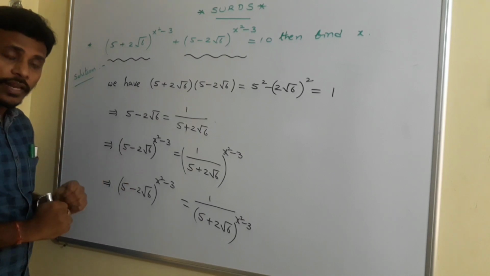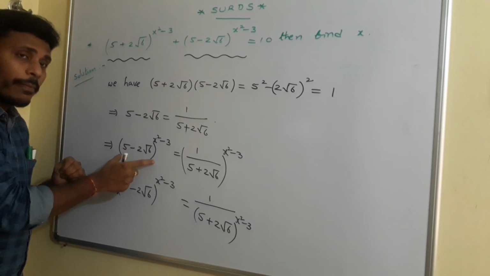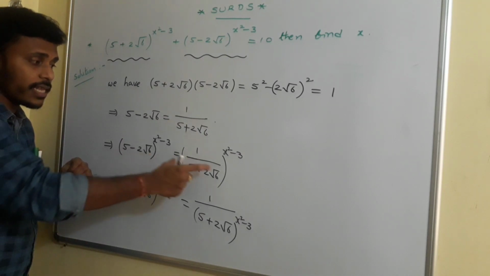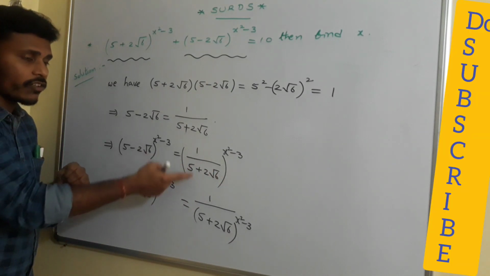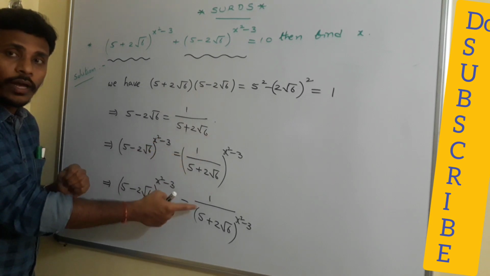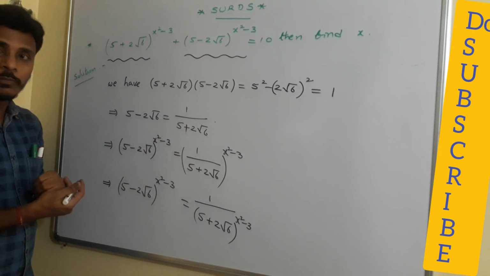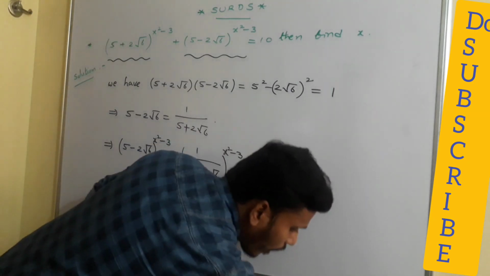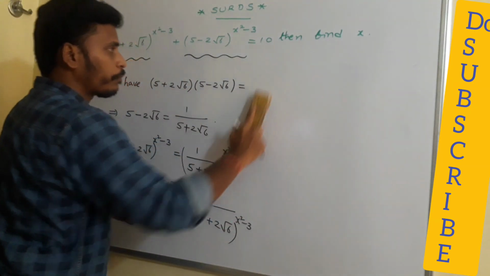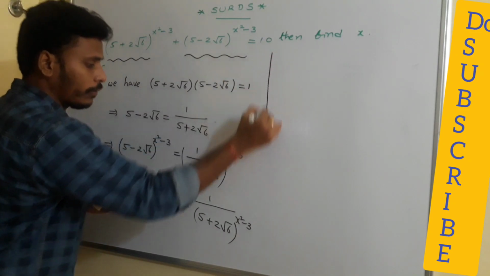On application, this is (5 − 2√6)^(x² − 3), and this is (1/(5 + 2√6))^(x² − 3). Now, if you split this right side, 1 to the power anything is 1, whereas this is (5 + 2√6)^(x² − 3). Now, how do I need to proceed further? Yeah, this is 1.